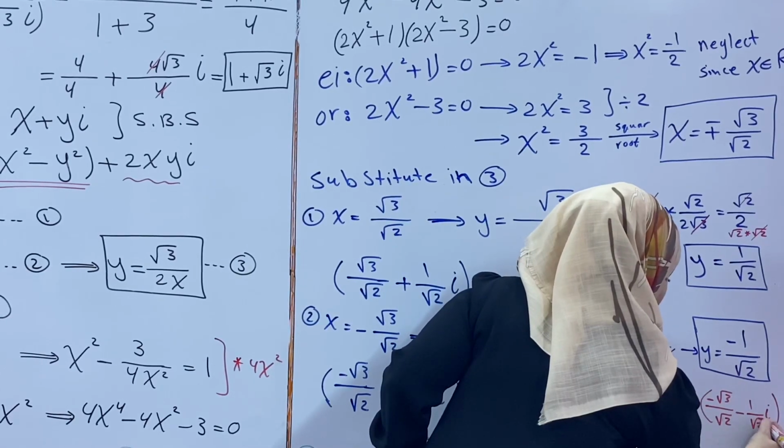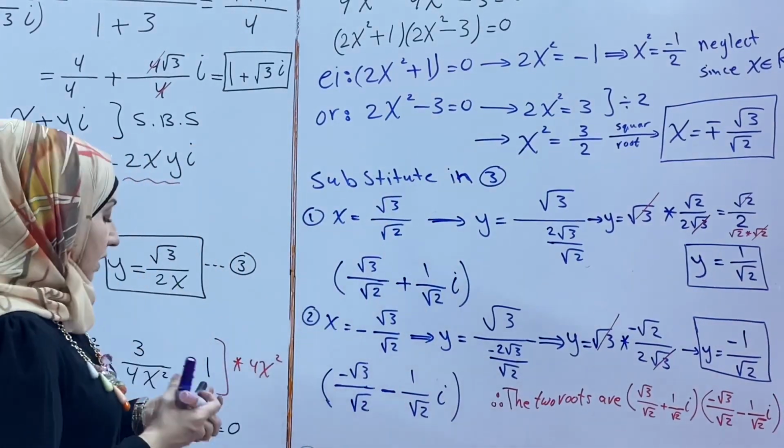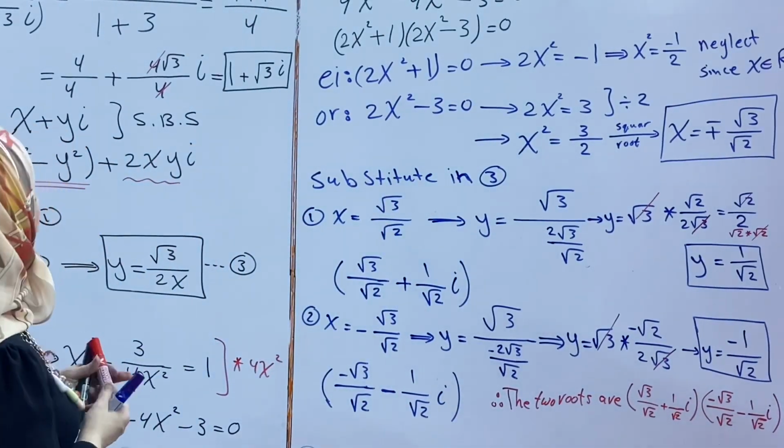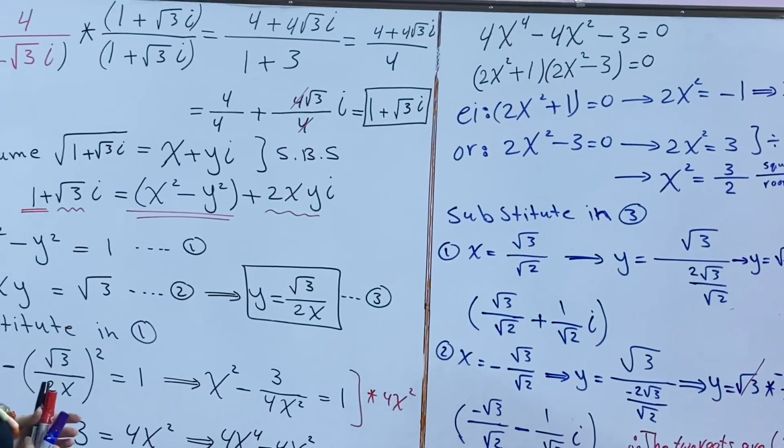This is the second root. So we get two roots for the square root of the complex number which is given in the question.